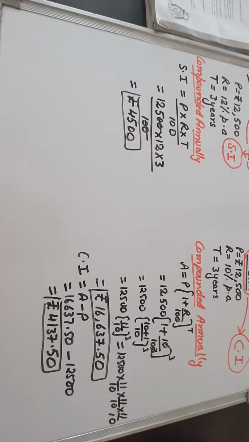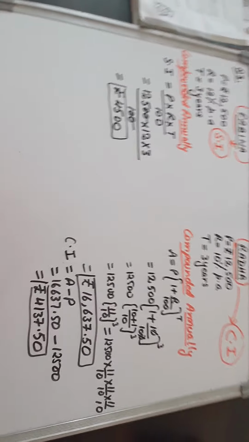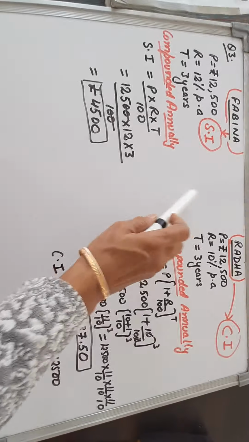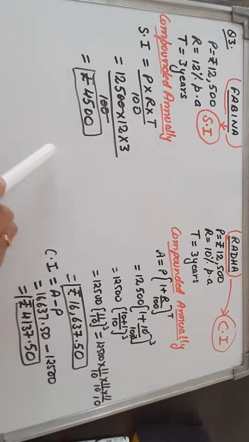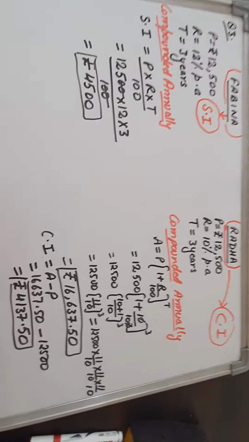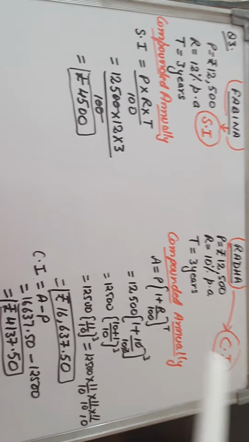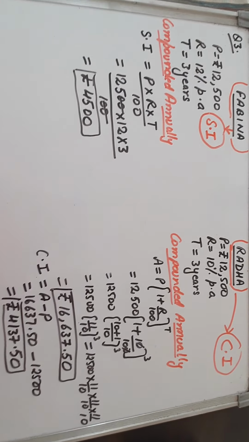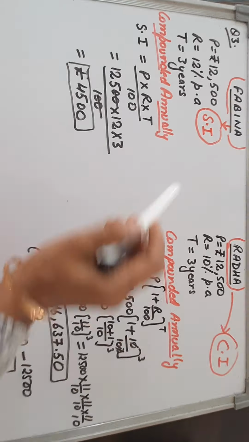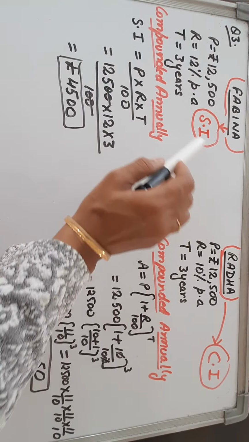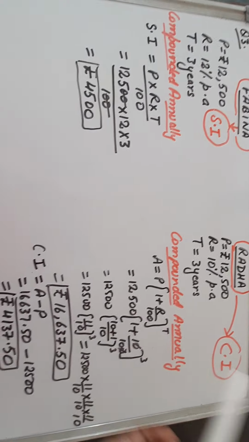So see who will pay more interest. किसे इंटरेस्ट ज़्यादा पे करना पड़ रहा है? फैबिना. सिंपल इंटरेस्ट ज़्यादा है. But what is the reason? Do not get confused. In my previous video in which I taught you the difference, at that place दोनों का rate of interest same था, इसलिए compound interest ज़्यादा था.